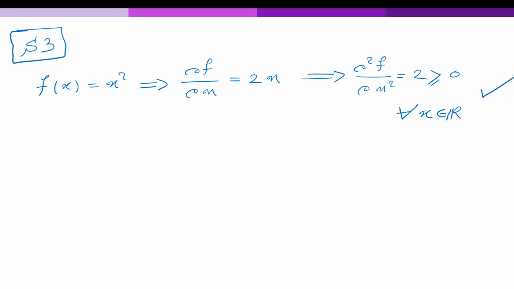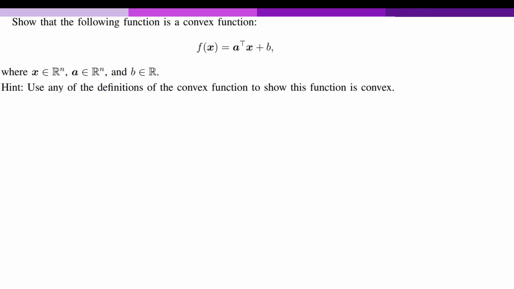Okay, let's move on to the last question. Show that the following function is a convex function. First of all, x and a are vectors and b is a scalar. So when we have a transpose x, that will be a scalar.